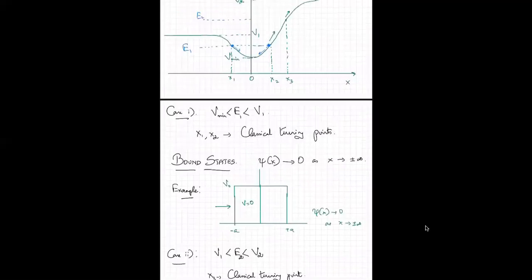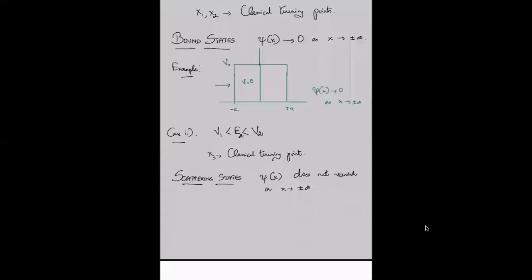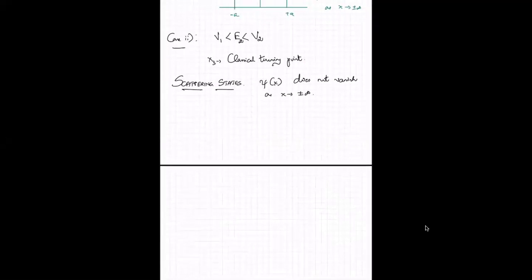Okay. So suppose for this particular potential, I throw a particle with energy E greater than V2, for example, case 3. Let us say E3 is greater than V2.